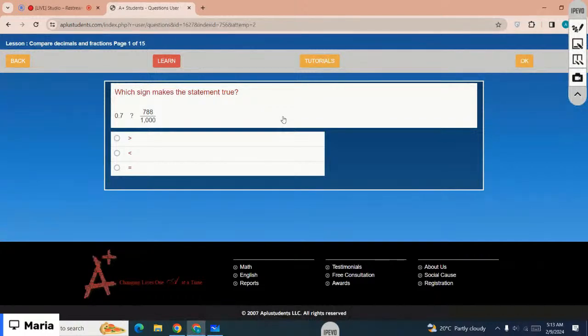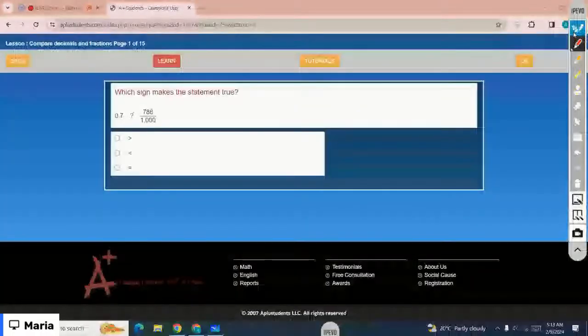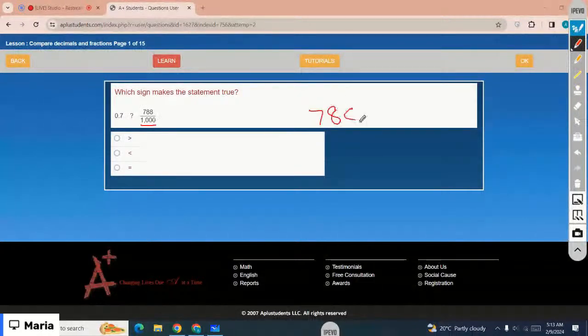So you have to convert that fraction into decimal. The fraction is 788 over 1000. You have three zeros. You need to move the decimal point three digits left, 1 2 3, because the fraction has three zeros, right? So that is 0.788. Now you have to compare 0.7 and 0.788.